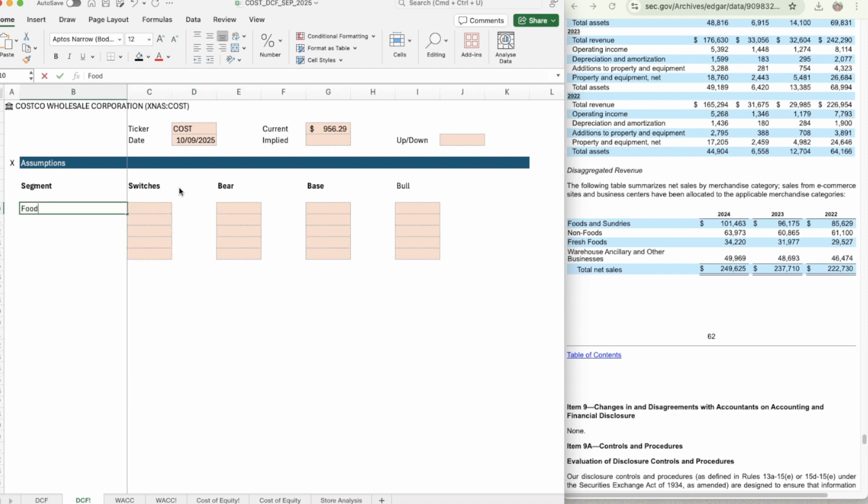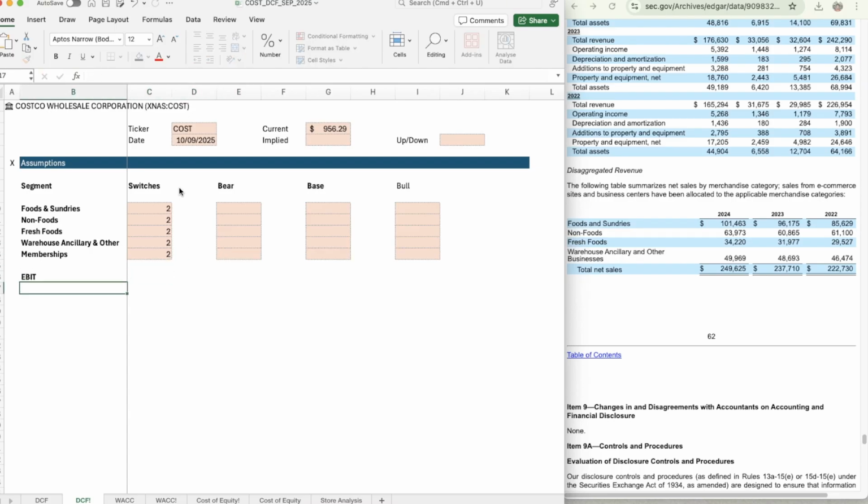So the first one, non-foods, fresh foods, warehouse, and other. We also have memberships. Just put a 2 in these to keep it on the base.